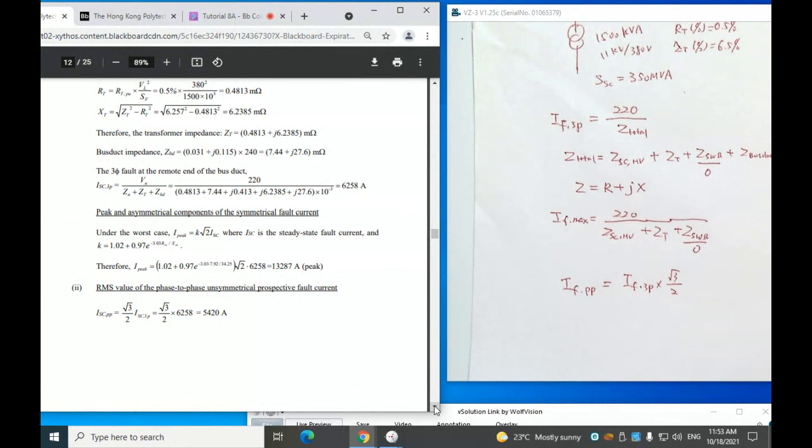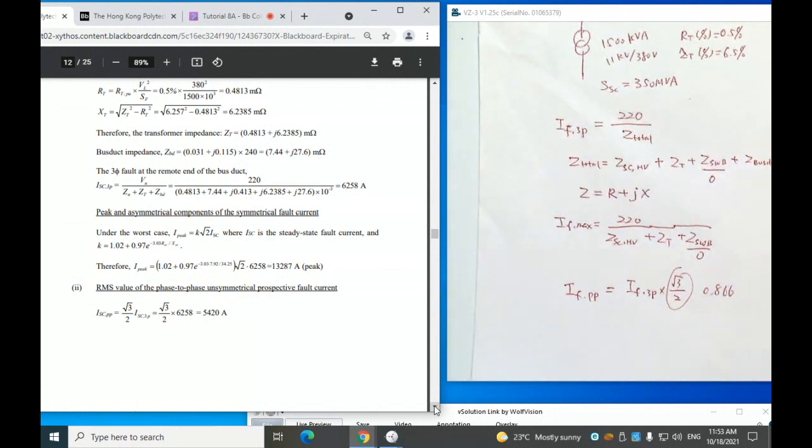So if you know the 3-phase fault current, you can find out the phase-to-phase current by using this factor, root 3 over 2, which is approximately 0.866. So you know phase-to-phase fault current certainly is less than the 3-phase fault current.